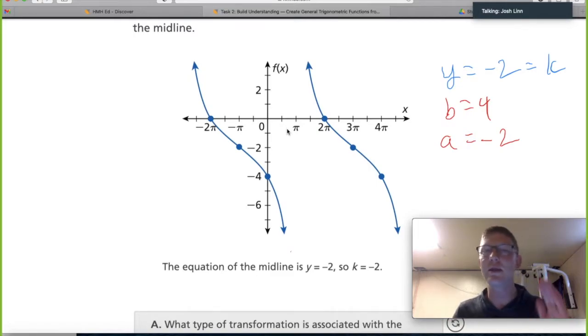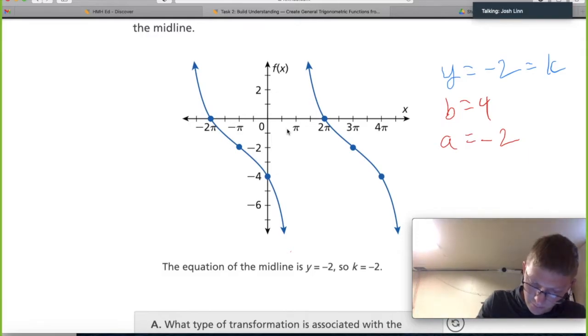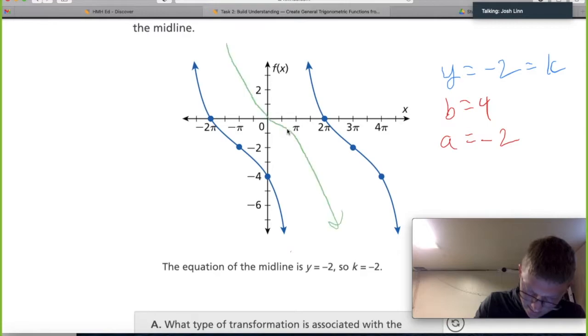So I'm going to do the parent reflected function. Basically, if it was a negative tangent, it would look something like this. That point right there went down 2 units from our k, but it also went over -pi units.